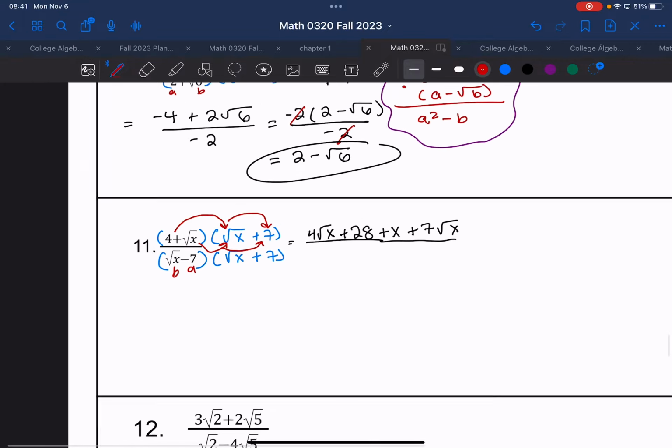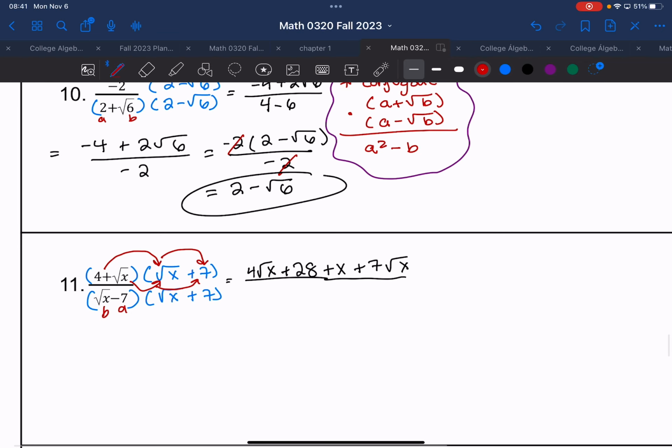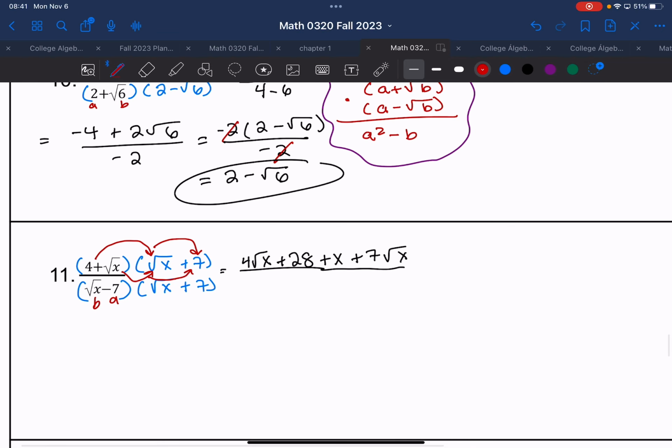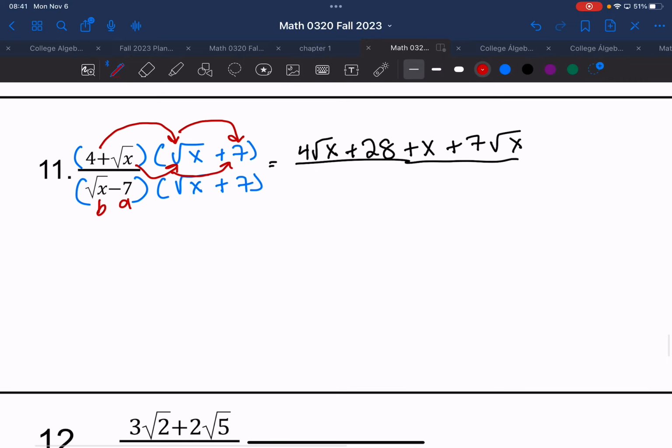So if we look back up at the formula here, it says our answer is a squared minus b. So what's 7 squared? 49, minus b, which means minus x.